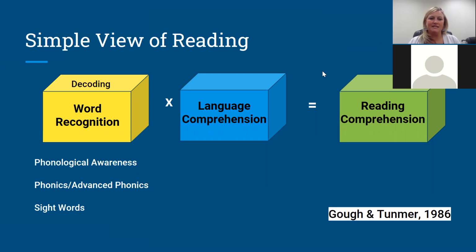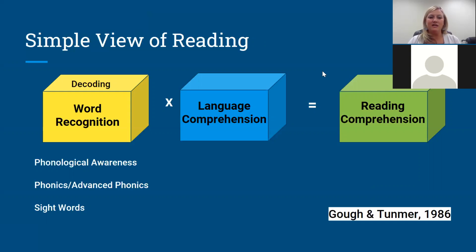the simple view of reading, like I said, starts with word recognition. And in that box, for lack of a better term, we have decoding. Underneath decoding, we talk about phonological awareness, the sounds that we hear, understanding that those sounds are represented by speech.